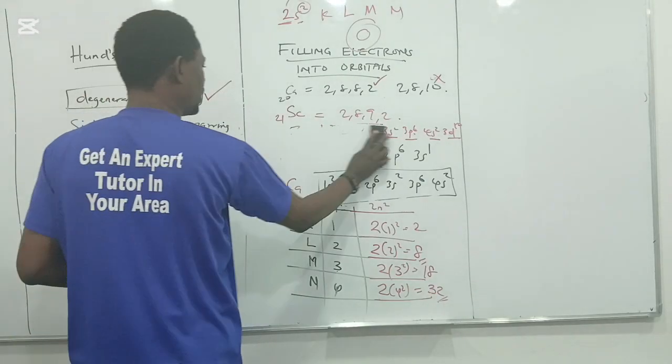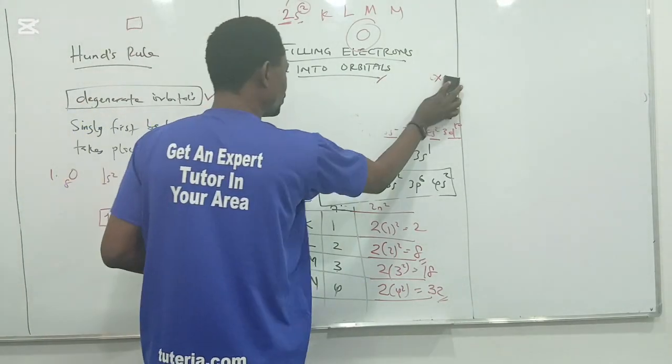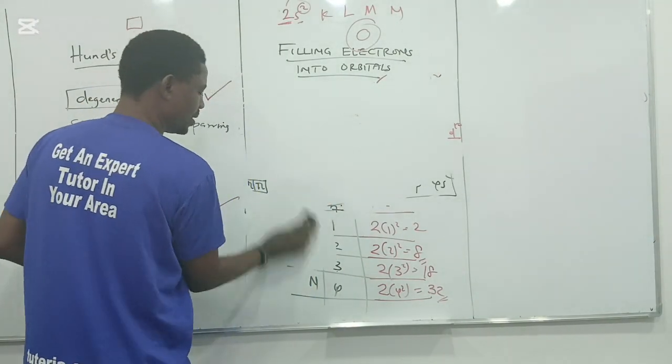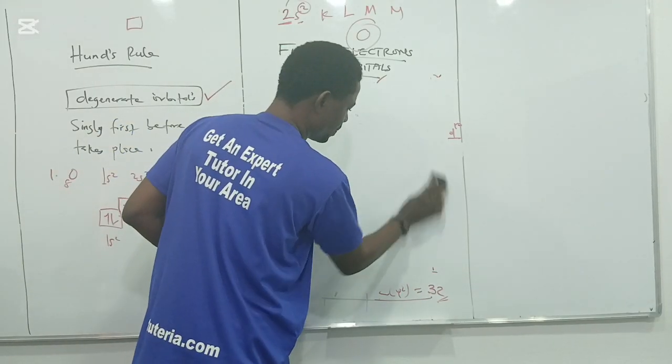So if I may ask you, how many unpaired electrons are there in the ground state atom of nitrogen?